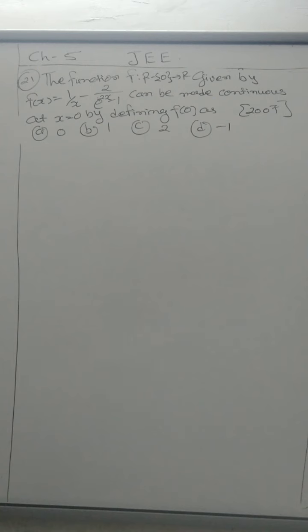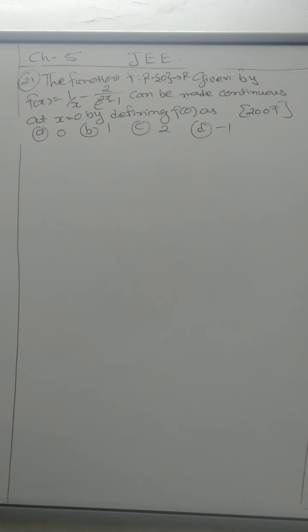Next question, 21. The function f from R minus 0 to R given by f(x) equals 1/x minus 2/(e^(2x) - 1) can be made continuous at x = 0 by defining f(0) as dash. This is a 2007 question and A, B, C, D options are there.